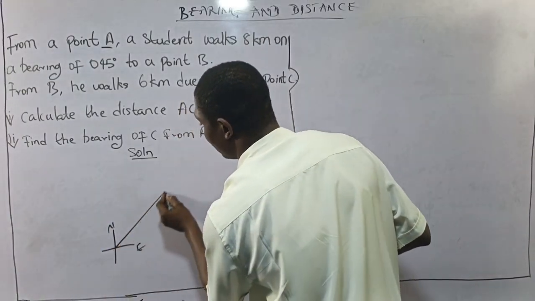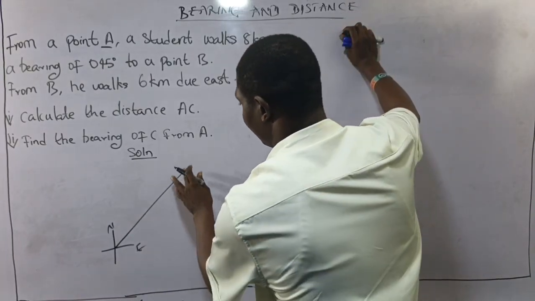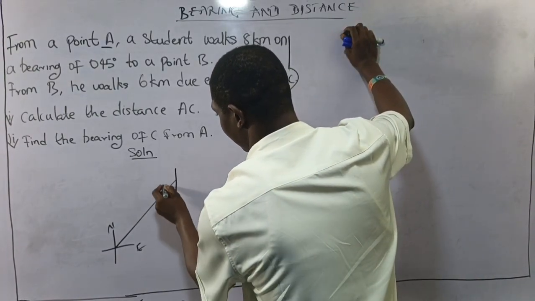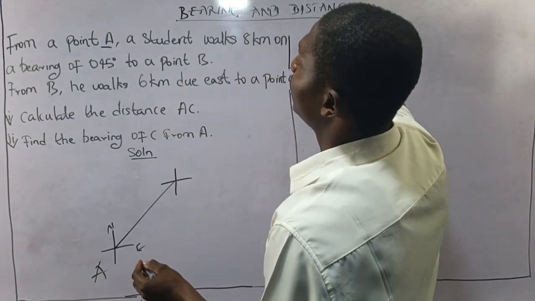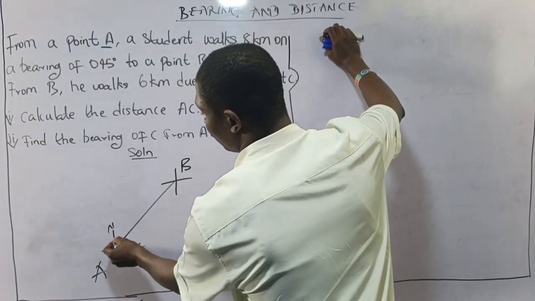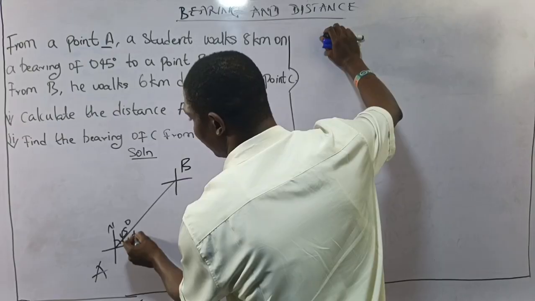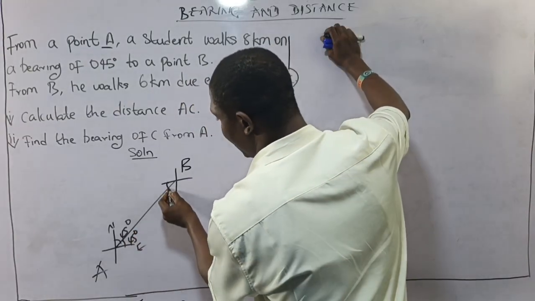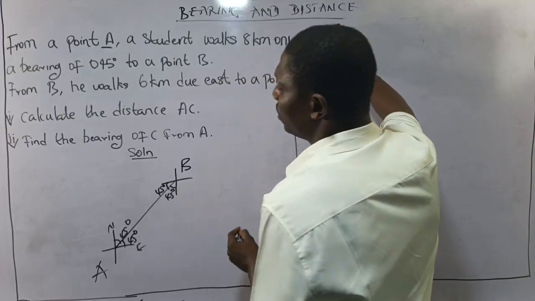So we have it this way, 45 degrees, and it's 8 kilometers from A to point B. So I can take this 45 degrees. If this is 45 degrees, here is also 45 degrees, an alternate angle, and here also will be 45 degrees. Take note.